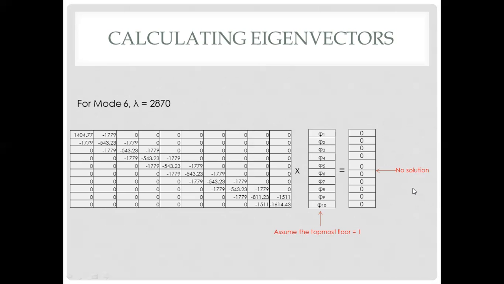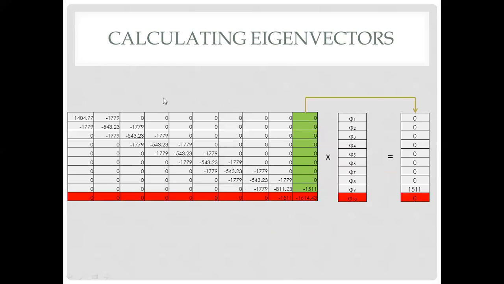So, what we will do is assume the topmost floor equals 1. Next step is to eliminate the last row.